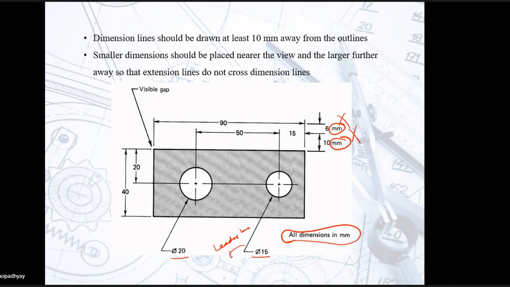This is how you provide length. The dimension line should be drawn at least 10 mm away from the outlines, and smaller dimensions should be placed nearer the view and larger further away, so that extension lines do not cross the dimension lines.